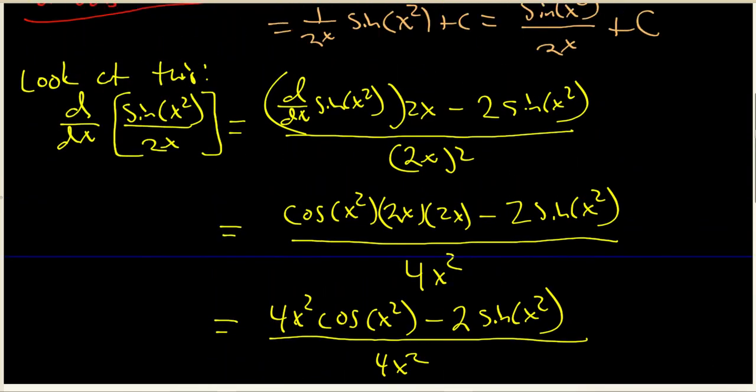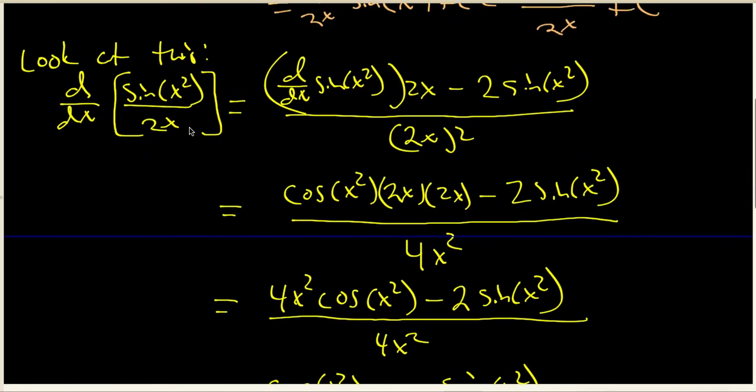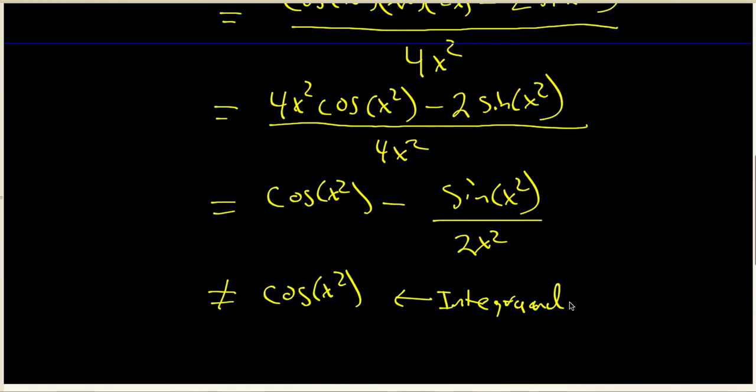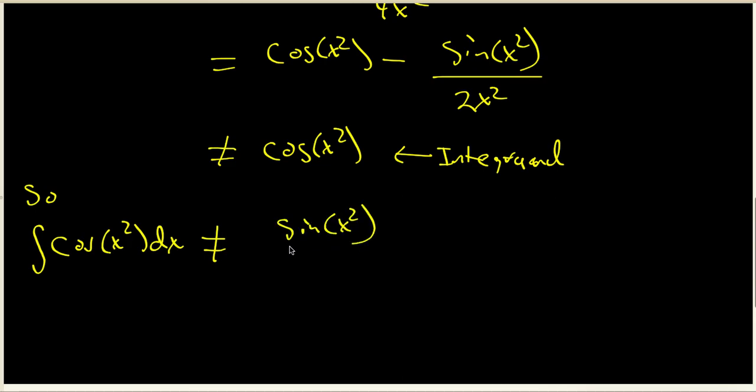If you go back and look, we were trying to integrate cosine of x squared. And because this derivative here does not work out to be cosine of x squared, what we know is that the antiderivative of cosine of x squared dx, whatever it is, is not the sine of x squared divided by 2x.